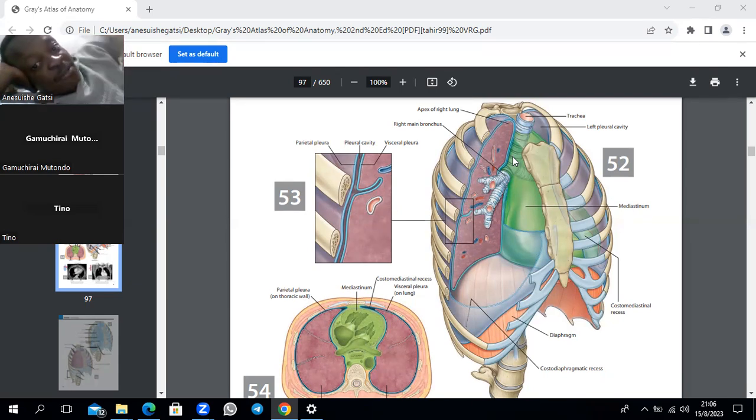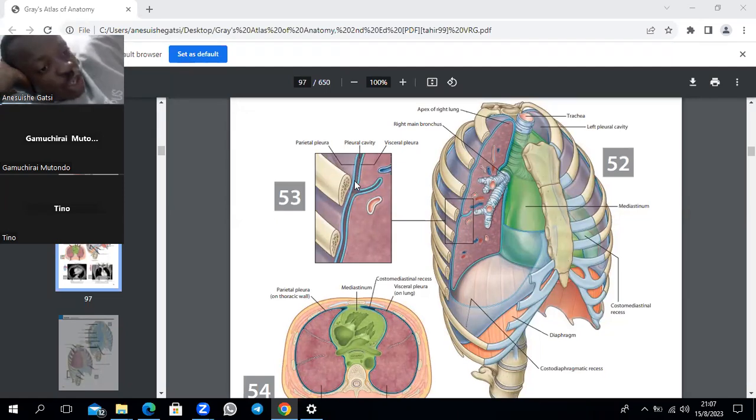After endothoracic fascia, we get to this layer here, which is parietal pleura. Then after parietal pleura, we get to visceral pleura. Visceral pleura is the one that closely invests the lung, which is firmly adherent to the lung. And the space between the parietal and the visceral layer, this cavity, is what we call the pleural cavity.